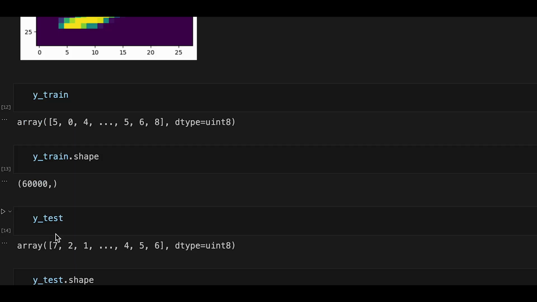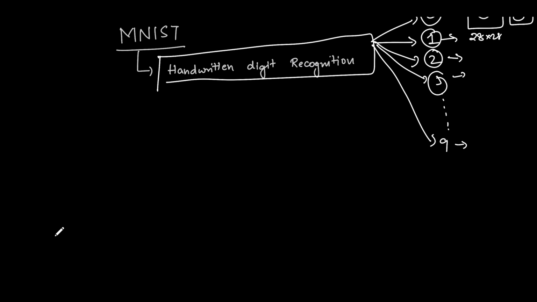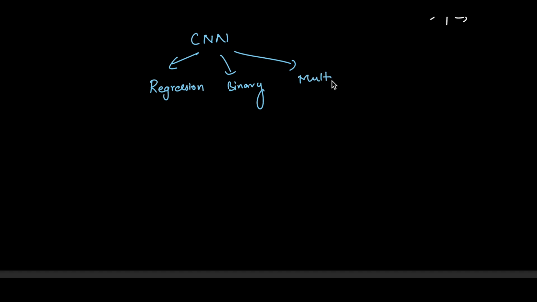If you check my previous CNN videos, I have already discussed that with the help of CNN, we can solve three kinds of problems: regression problems, binary classification problems, and multi-class classification problems.